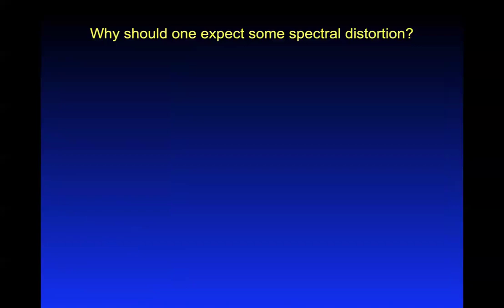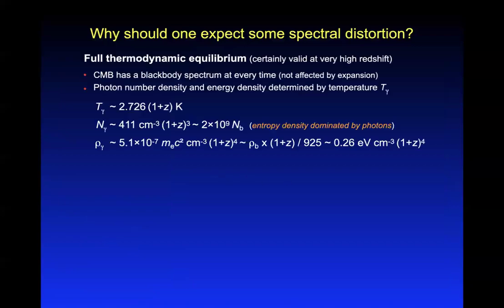Okay, so why would one even expect spectral distortions? Because that's, of course, one of the big questions to ask. If you're just thinking of a photon fluid in the universe and expanding, then that wouldn't really change the spectrum of the energy of the photons. You would be determining everything with one single parameter, namely the temperature of the photon field, and then number density and energy density are given.